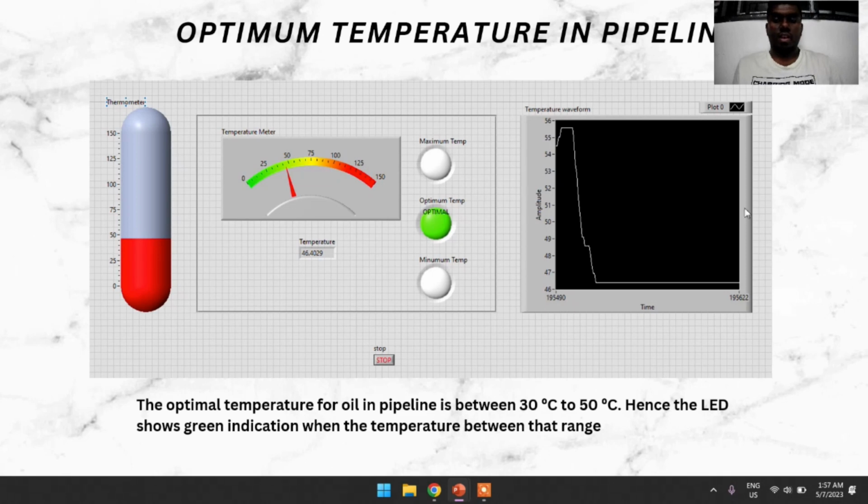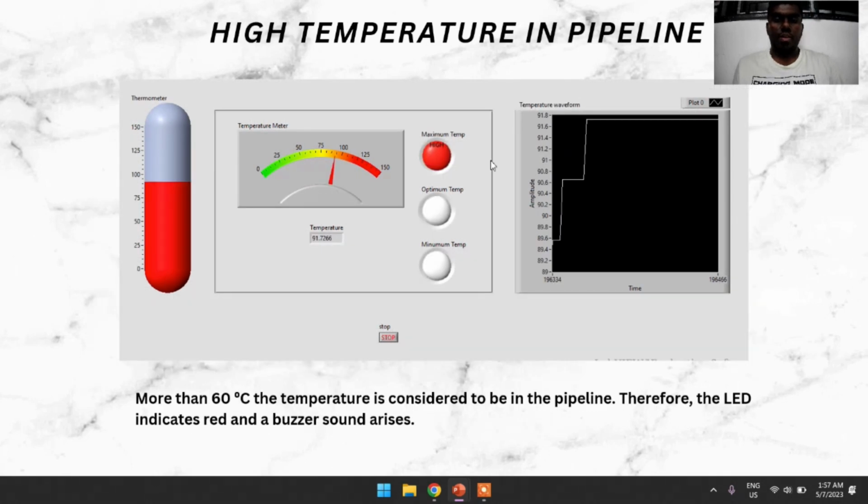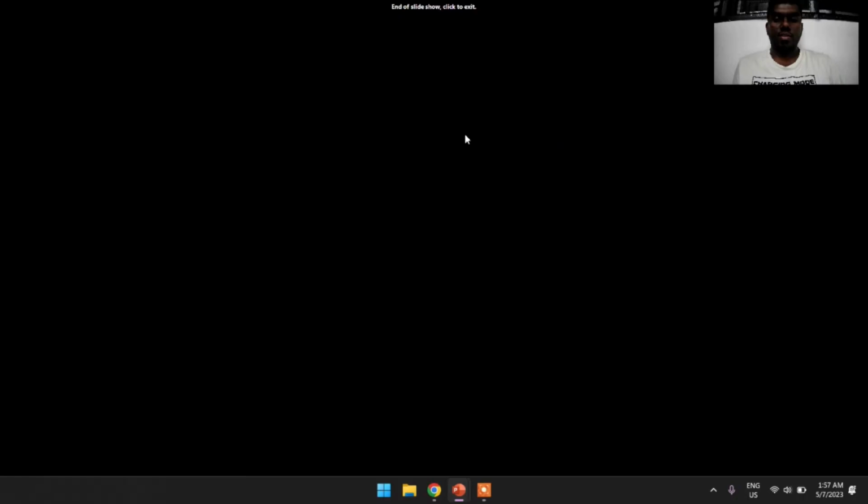These are the waveforms. If the temperature exceeds 60 Celsius, the red light will turn on, which indicates the maximum temperature, and the buzzer sound will arise.